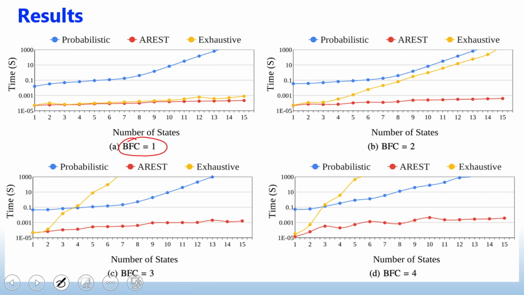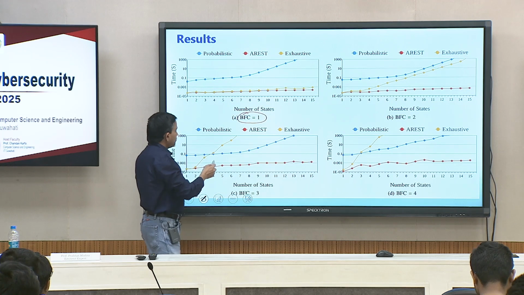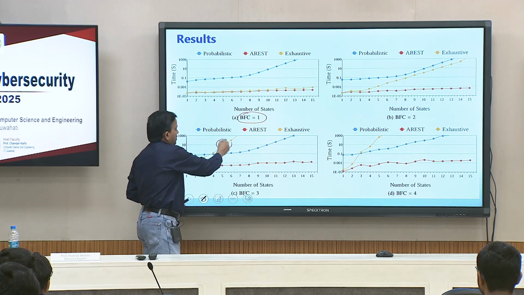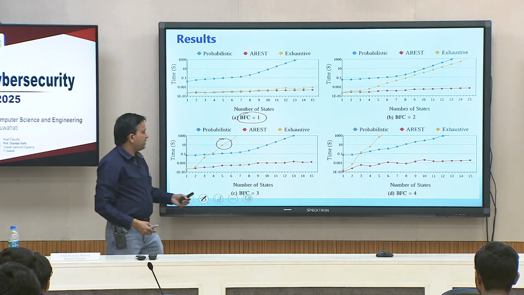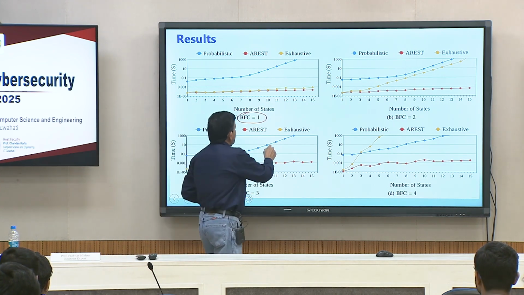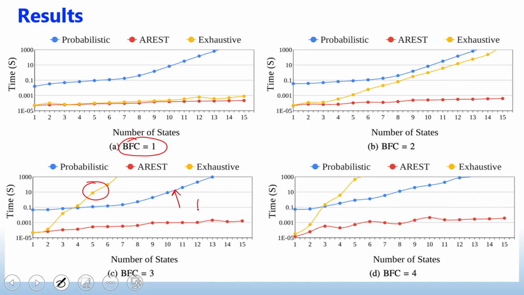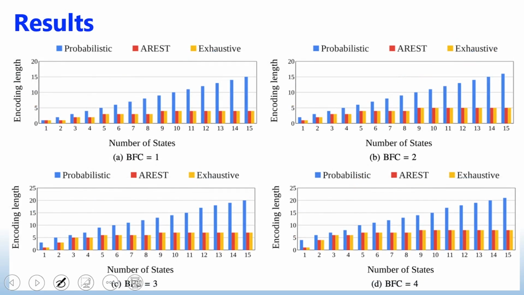As the bit flip capability goes up, exhaustive is, as expected, going to do worse, because you are trying all possible combinations. Probabilistic still does not do well, and this simple heuristic will do well. It is not optimal, so there is a lot of scope for improvement.